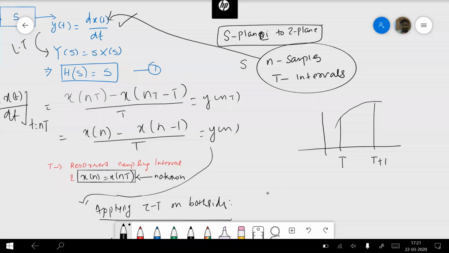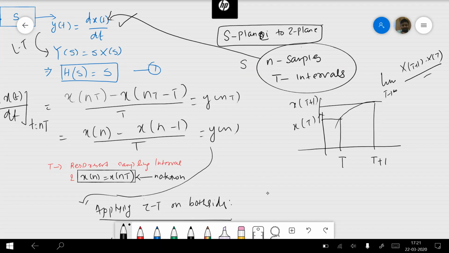This is x of t and this point represents x of t plus 1. The first method was limit delta t tends to 0 of x of t plus delta t minus x of t, divided by delta t.